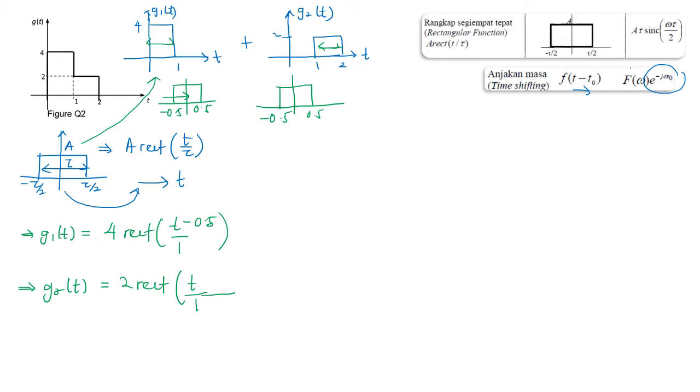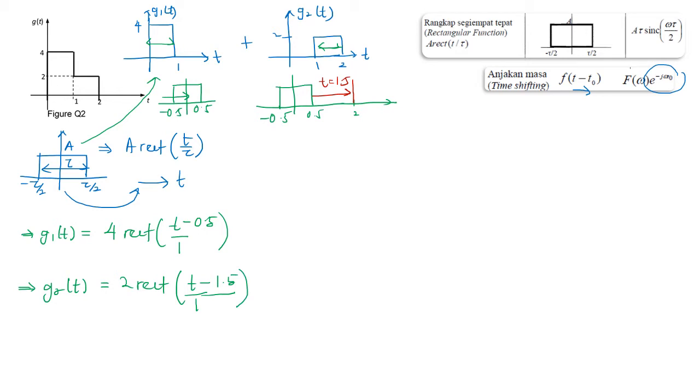Now 0.5 has been shifted until the new location is 2, so t has been shifted by 1.5. Therefore, for g2(t), the shifting t naught is minus 1.5.